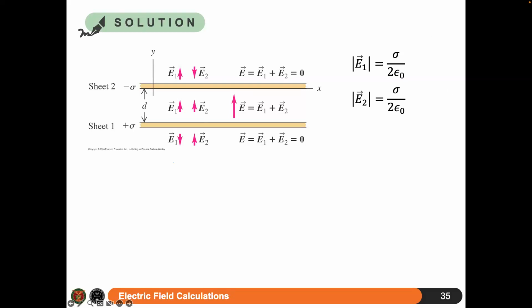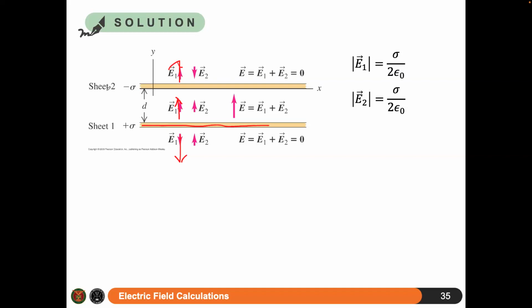From sheet 1, positive sigma, so the direction of the electric field should be outwards. So this is its effect: outwards, outwards, and outwards.